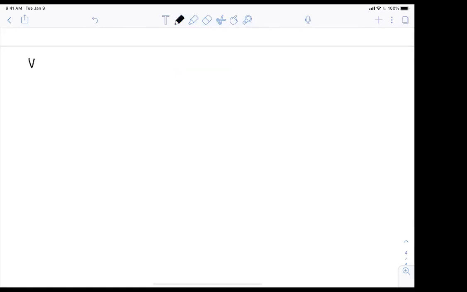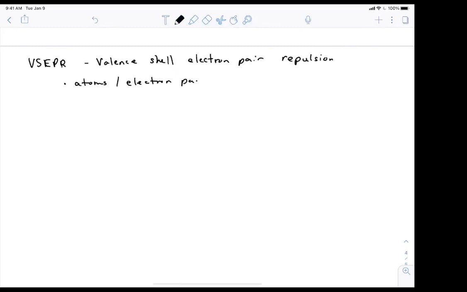Okay. So VSEPR, or VSPER, doesn't matter which way you say it, is called valence shell electron pair repulsion. And what that means is that atoms / electron pairs orient themselves to minimize repulsion.